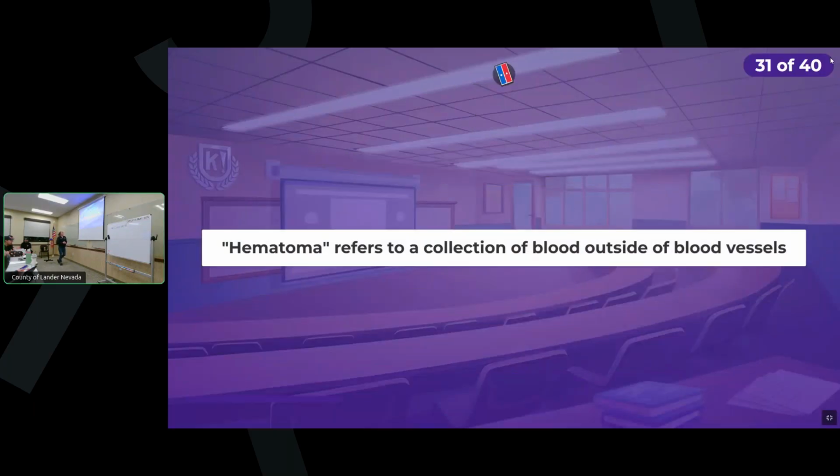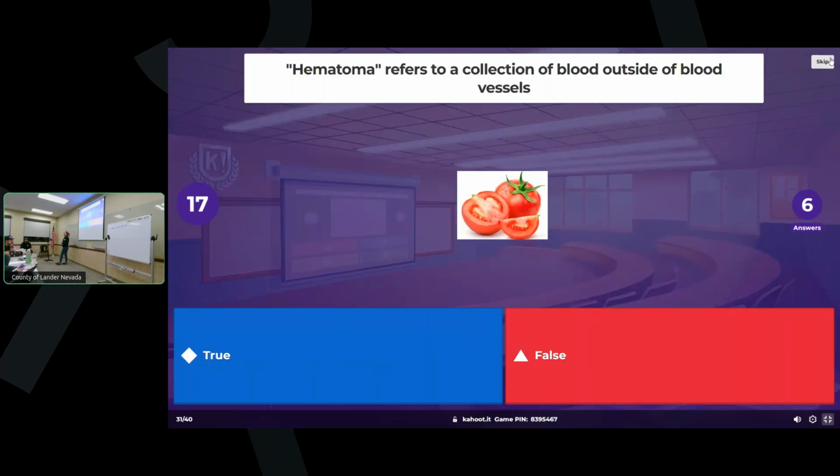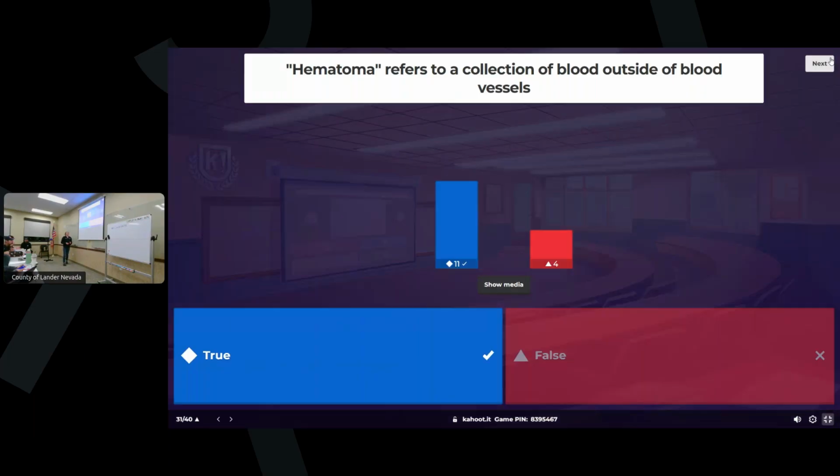True or false? Hematoma refers to a collection of blood that's outside of the bladder. It's true. The reason I put a picture of a tomato up there is because it looks like a tomato up under their skin.